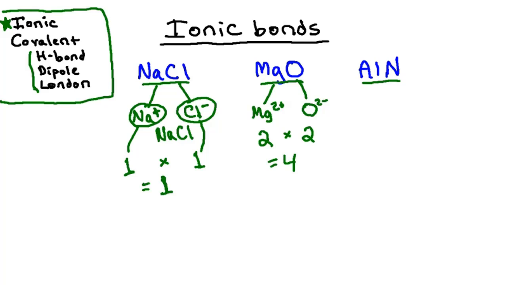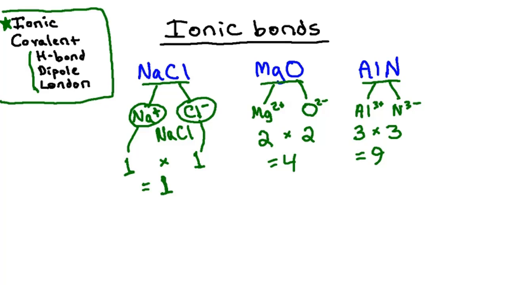And then aluminum nitride, you're going to have aluminum, which is a 3 positive charge, and nitrogen, which has a 3 negative charge. You're going to take the 3 from the aluminum and the 3 from the nitrogen, and multiply those together, and you're going to get 9.